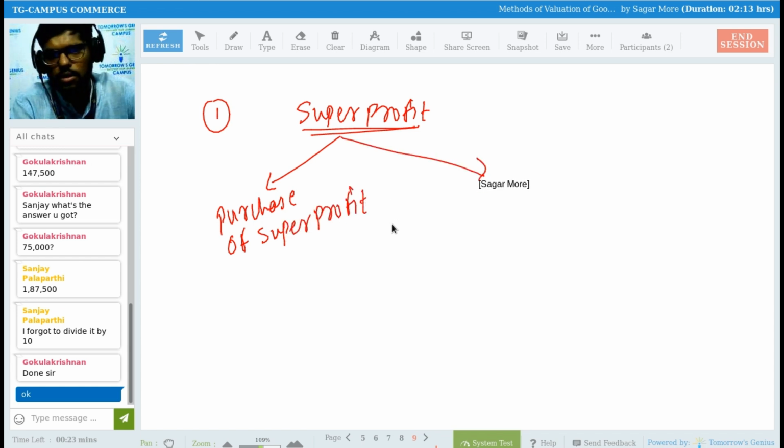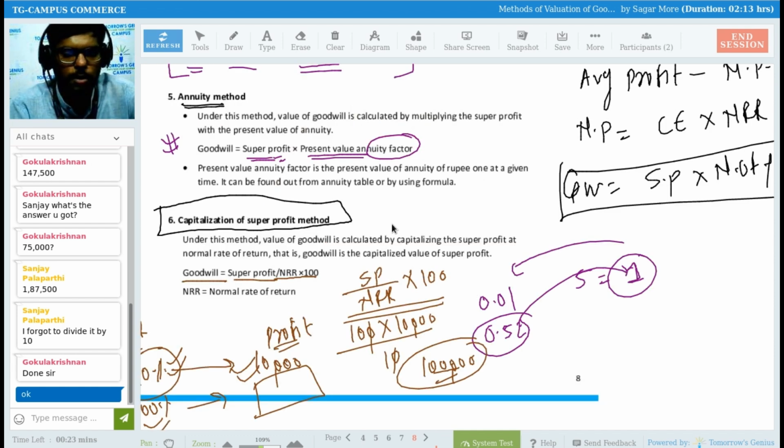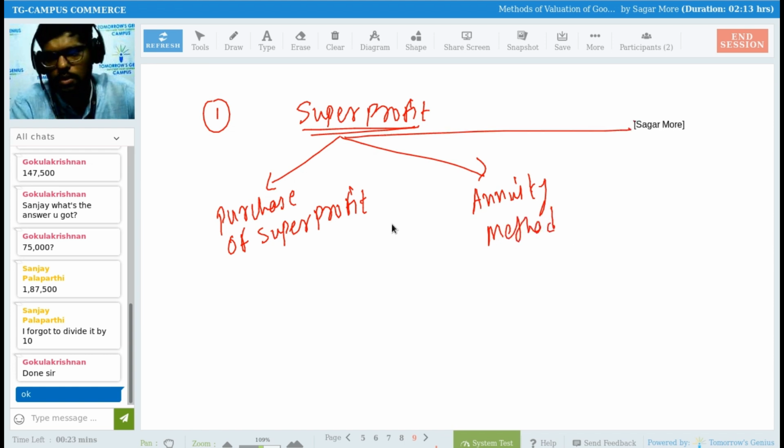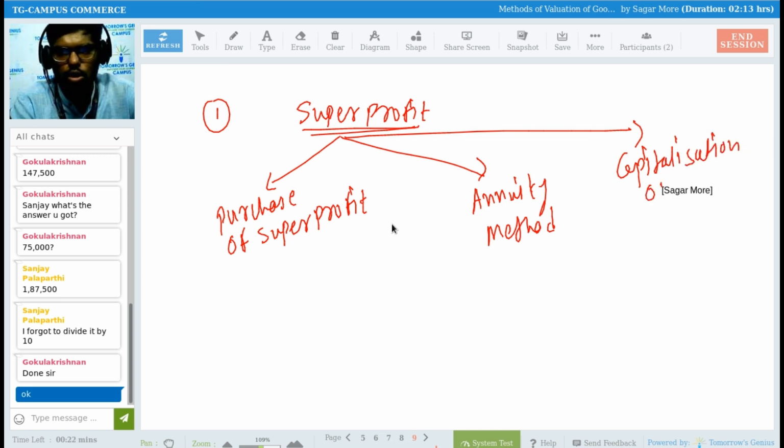Then we studied capitalization of super profit, as well as the annuity factor method. See here, annuity method, then capitalization of super profit.